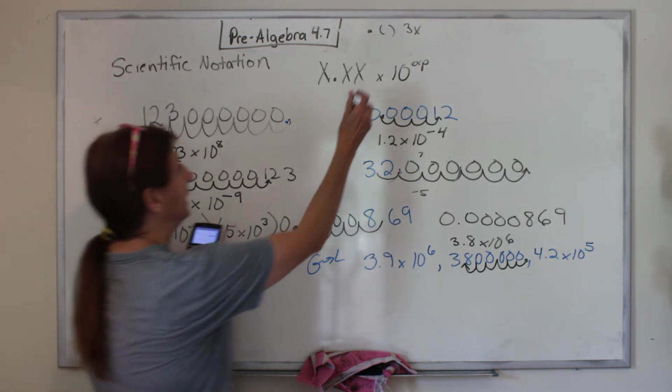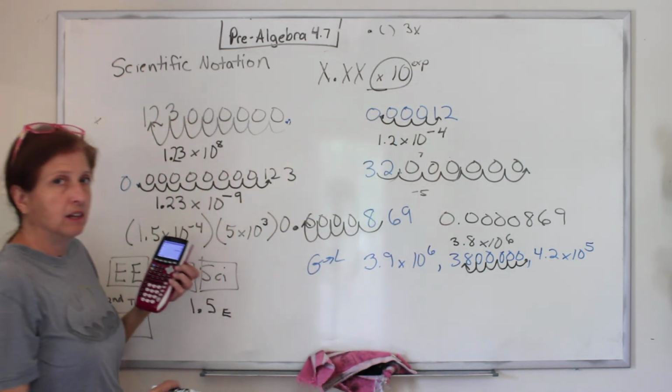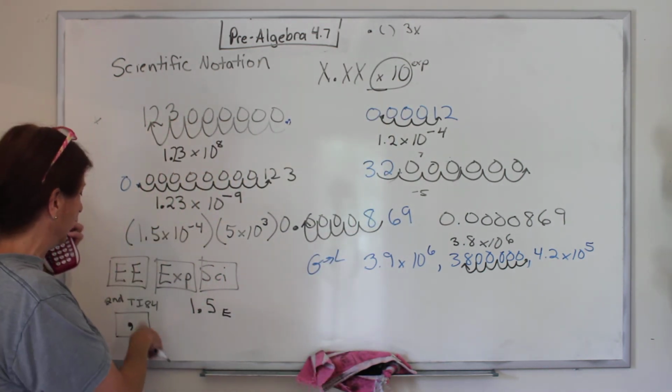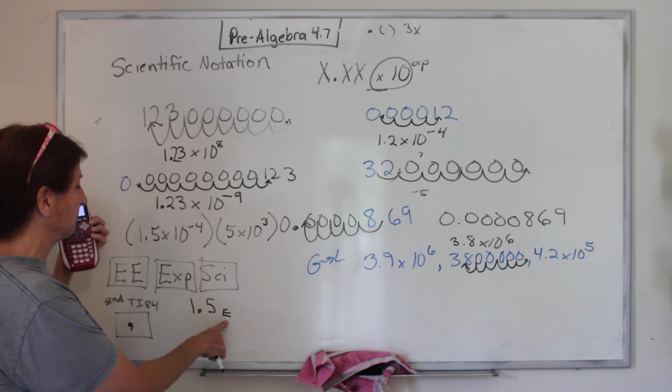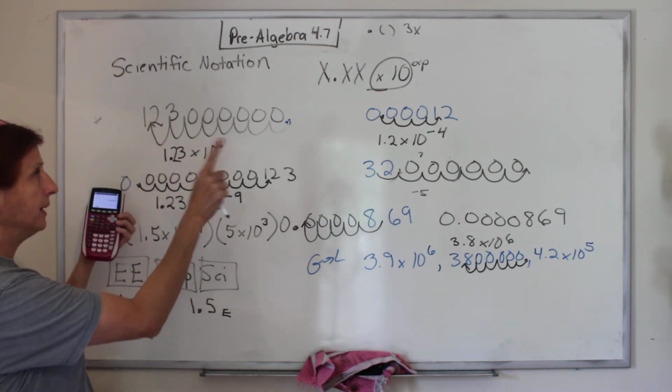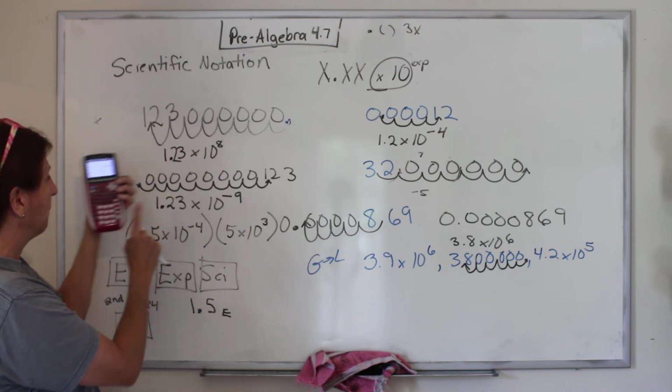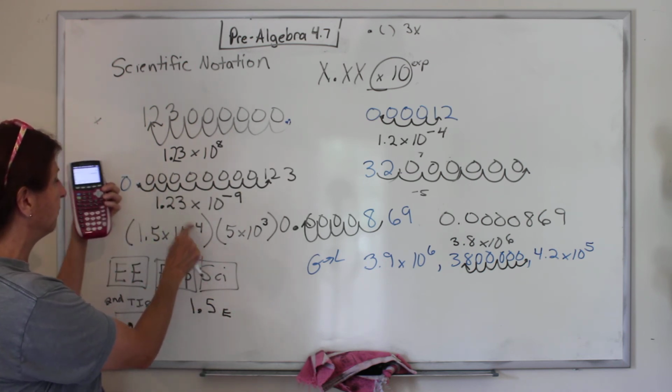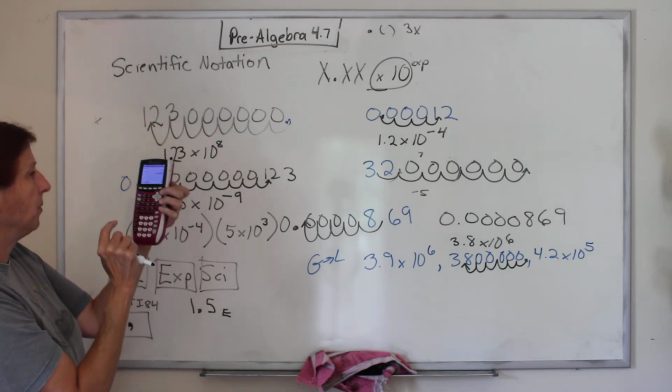That e means times 10. So when I put that EE, I am telling it the times 10. Then I tell it the exponent, which you don't put in times 10, that's what your E is. I put in my exponent, which is -4. So -4 on the bottom.